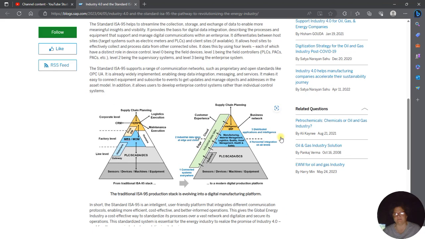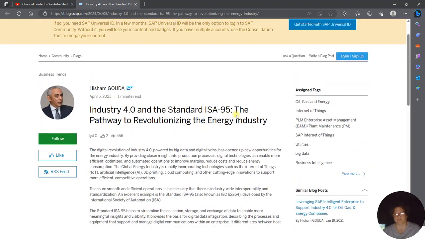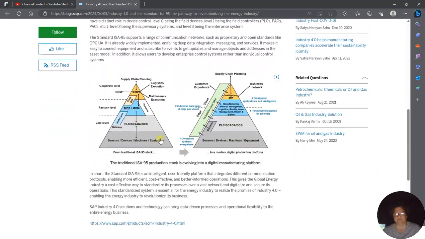It is in relationship to energy and oil and gas, and they have a lot more data going on than what most discrete manufacturers have, but regardless, this has been a huge increase in recent years.